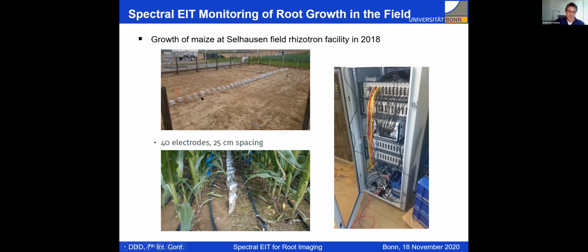You also see here some small electronic units, which are all connected to some data acquisition system. I didn't have time to go into detail or talk about this, but it's actually also quite a challenge, the measurement of these signatures.